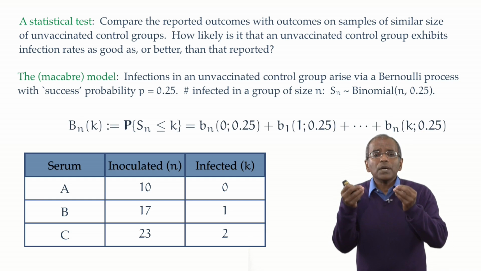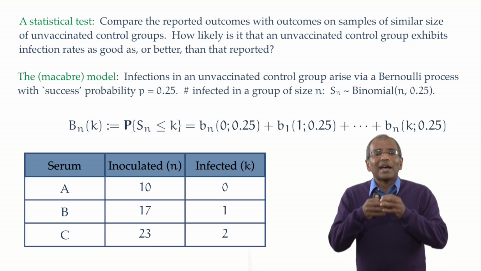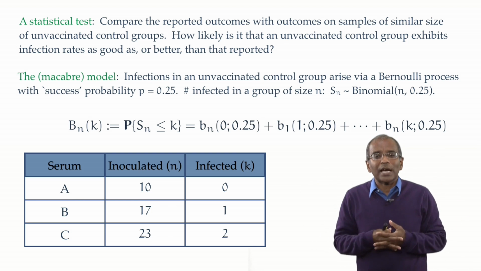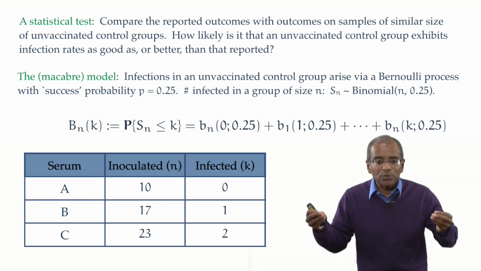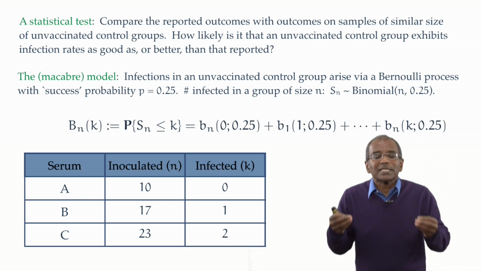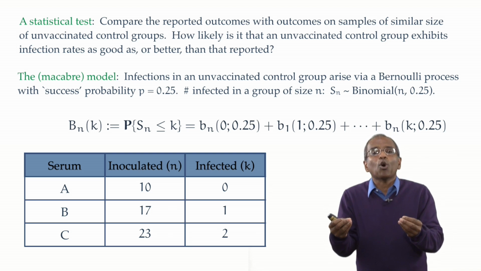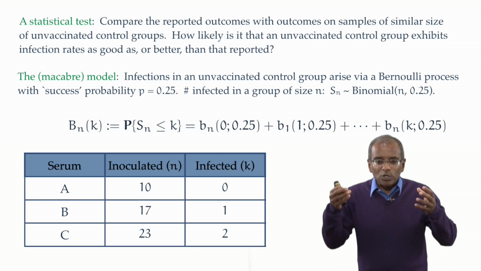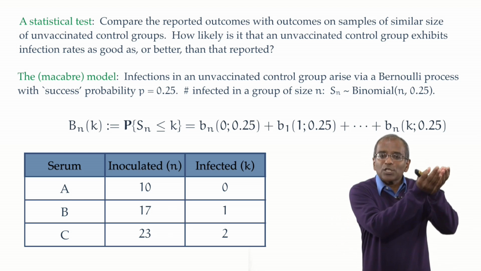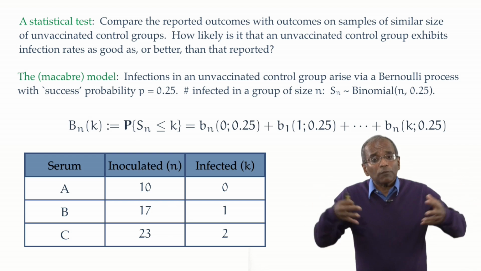Let uppercase B of n and k represent the probability that in your control group of size n unvaccinated cows, k or fewer fell sick. That the accumulated number of successes is no more than k. Of course, by additivity, this is just a sum of the binomial atomic probabilities. If we add them all up, we get B sub n of k.